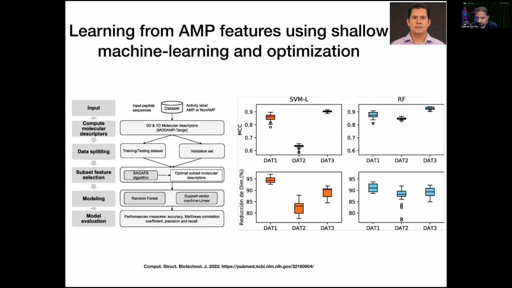But in most of the cases, it was above 80%, and with these results, what he showed is that this is the state-of-the-art classification method for identifying antimicrobial peptides.